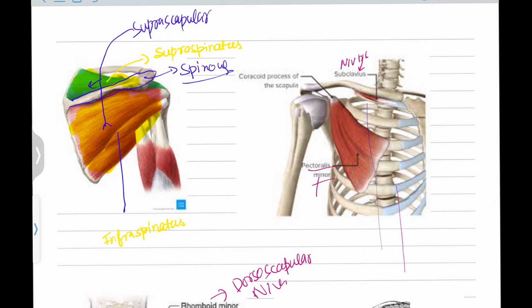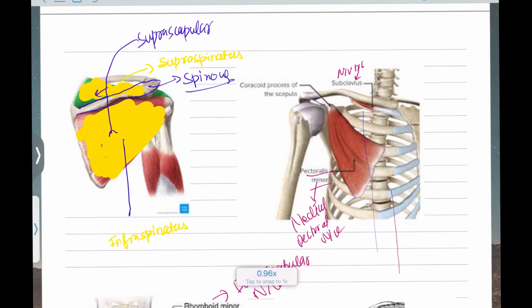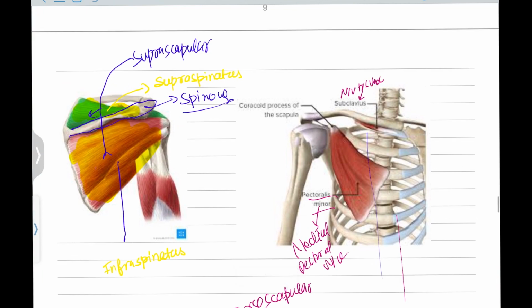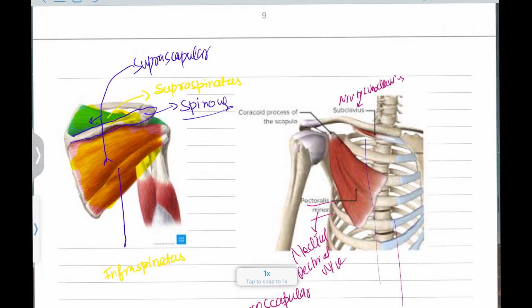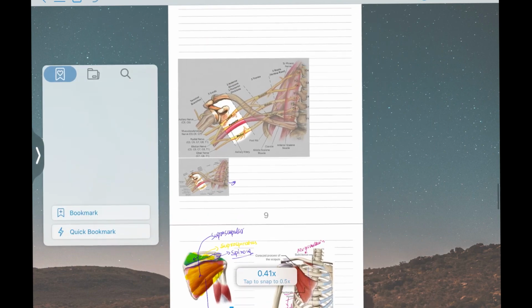This is the pectoralis minor, the medial pectoral nerve. Now the nerve to subclavius. I hope this is something you are clear about.